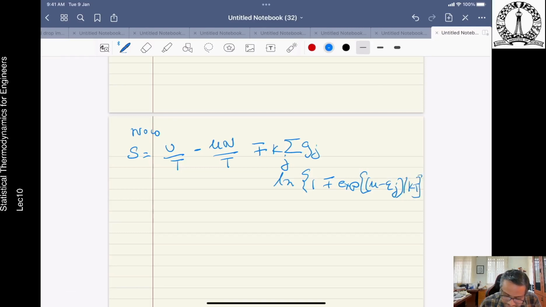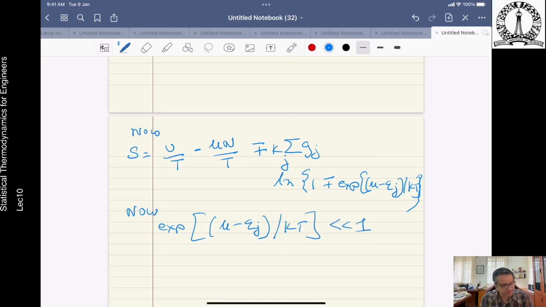Now, exponential of mu minus Ej by kT is much less than 1.